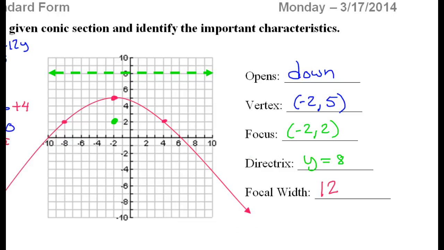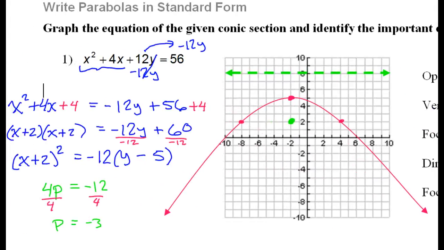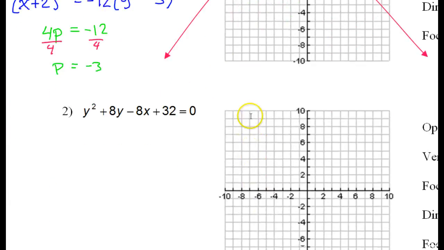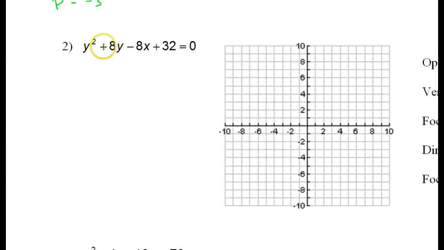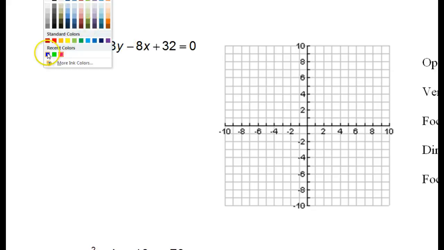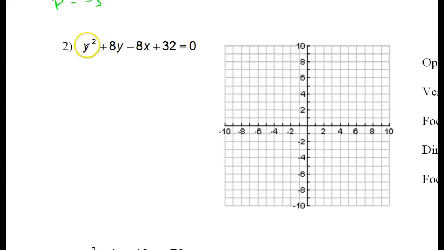Alright, let's move on to the next problem. Number 2. Okay, so we need to rewrite this thing in standard form. Notice the y is squared, so that means it's the y's that I want on the left. Everything else needs to go to the other side.